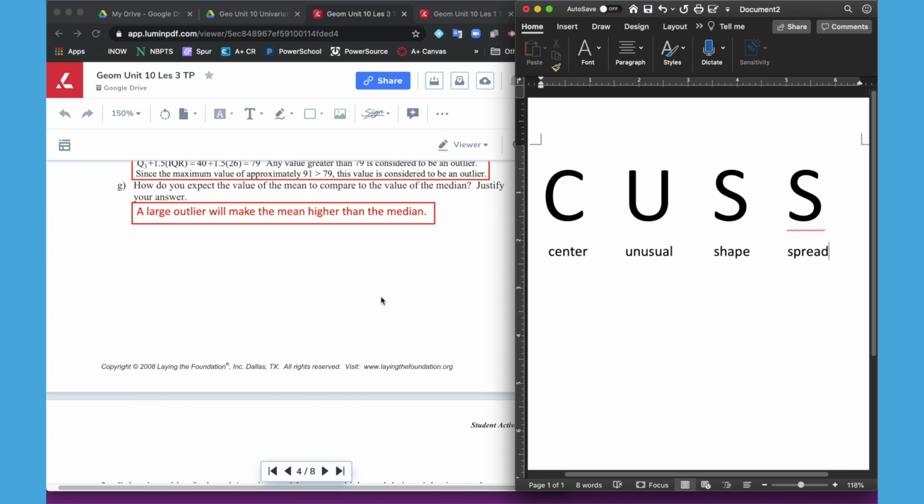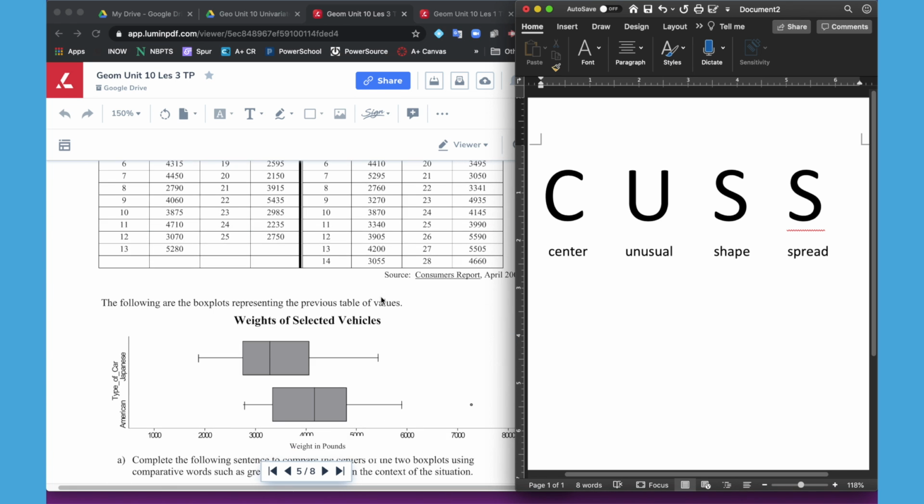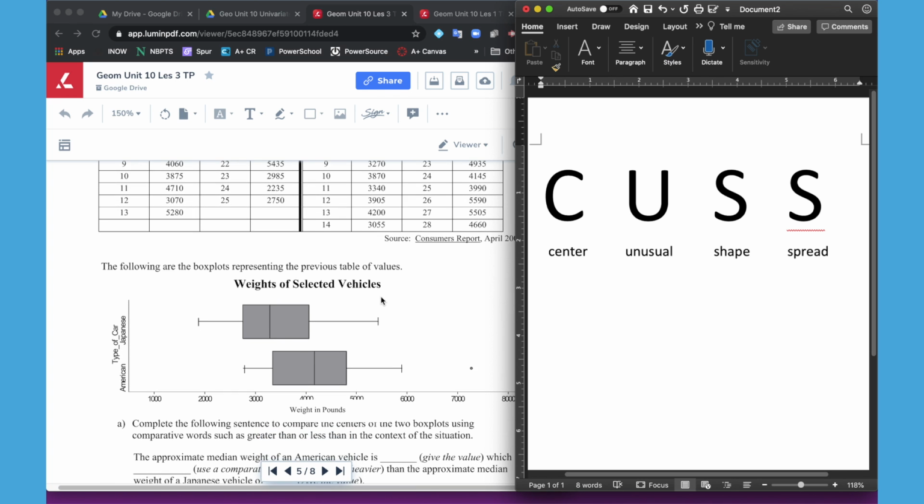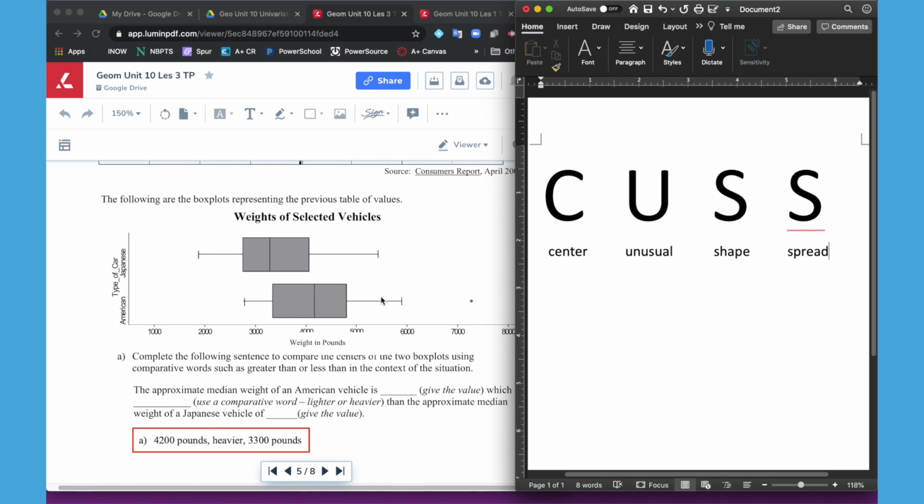Now, that's pretty simple, not too hard for us. The problem is when we get into comparing graphs, and I love this lesson 3 in our unit because it walks the students through the words that they need to know for comparing. For example, here in part A, it says complete the sentence to compare the center of the two box plots.